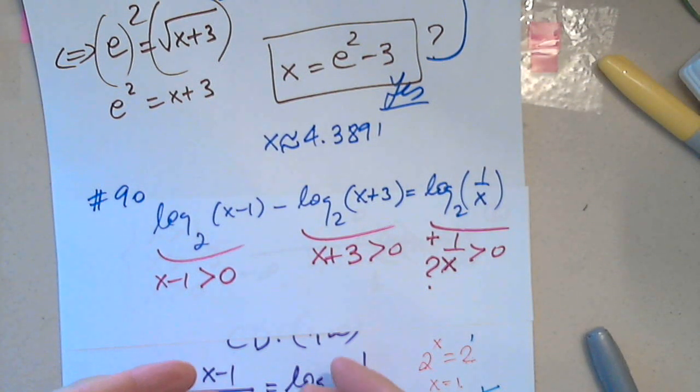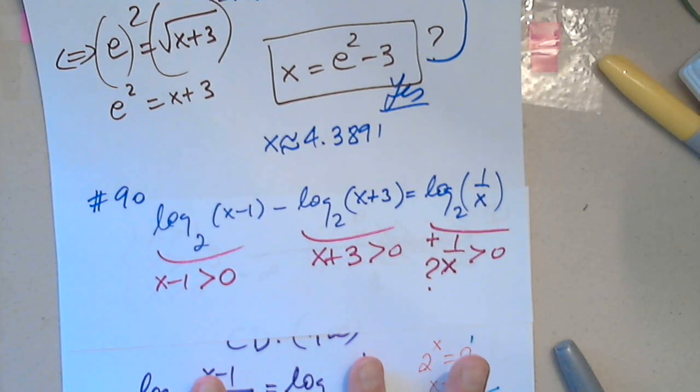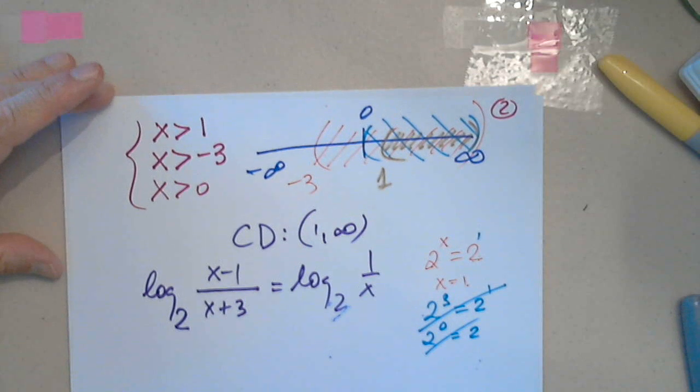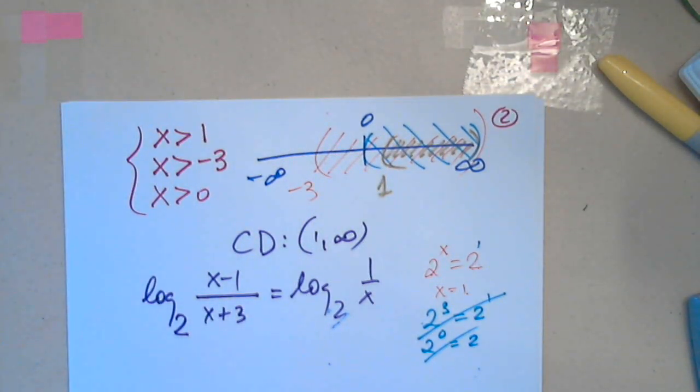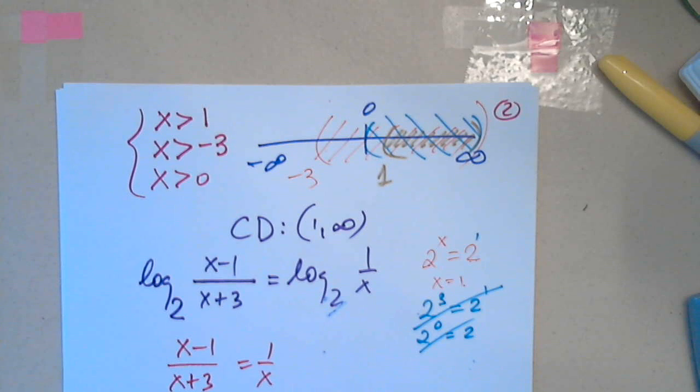In the same way, I have two logs, they are equal, they're in the same base. What do you think happens to these two expressions for them to be equal to each other? They must be equal to each other, right? Yes.